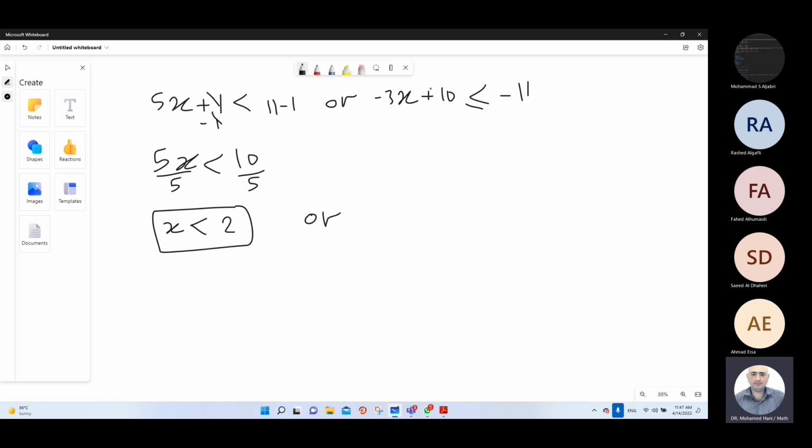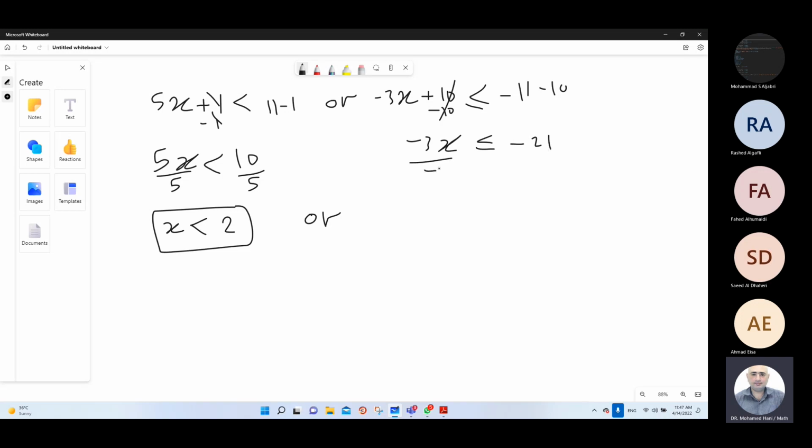And here the same idea. To solve this inequality, try to remove 10. So minus 10 here and minus 10 here. 10 and minus 10, 0 remains. Here minus 3x less than or equal to minus 11 and minus 10 will be minus 21.